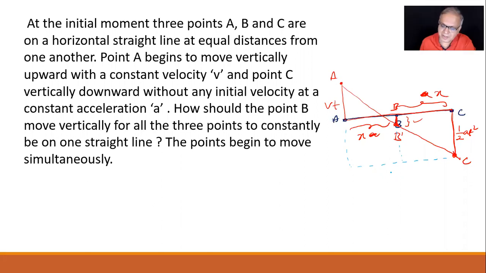How you manipulate it is a student's own capacity, believe me. If this is half at square, I told you I wanted this distance. You can call it y if you want.